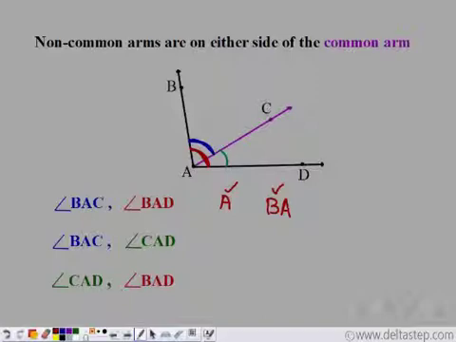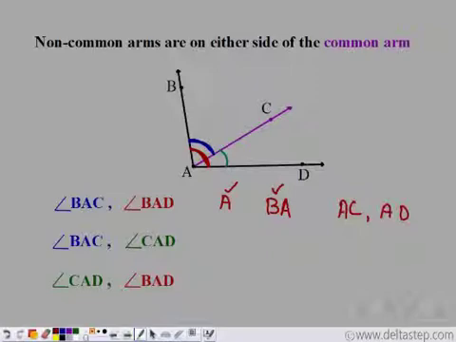In BAC, one of the arms is BA, which we have already taken. The other arm is AC, so the non-common arm of BAC is AC. For BAD, BA is already taken, so the non-common arm is AD.